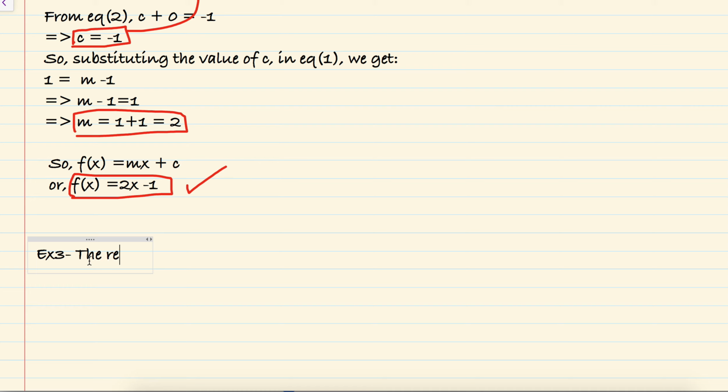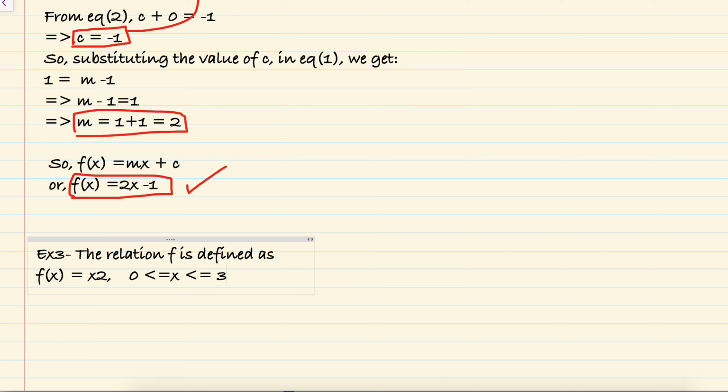It says the relation f is defined as f(x) equal to x square when x is between 0 and 3, including 3.